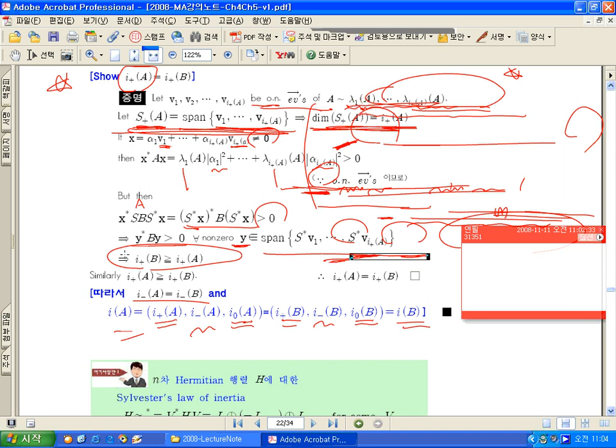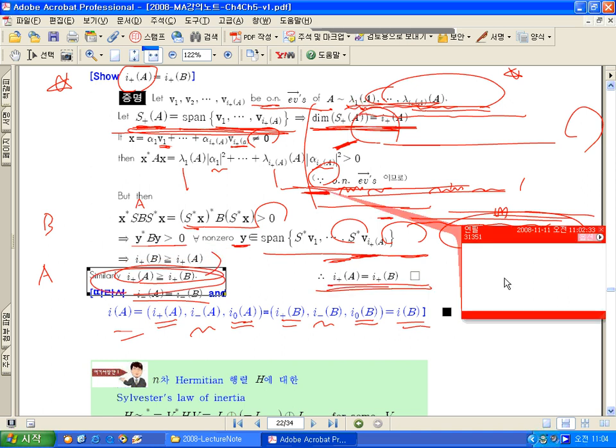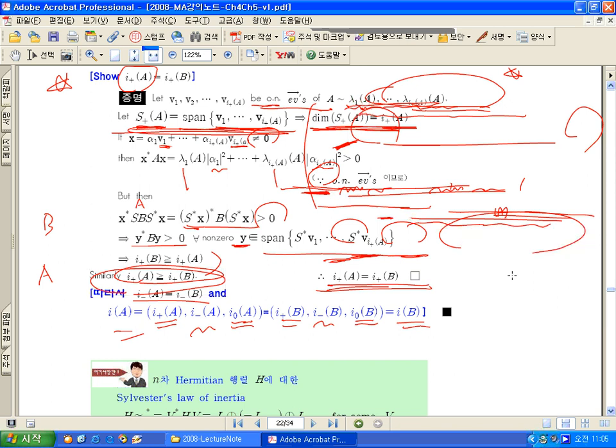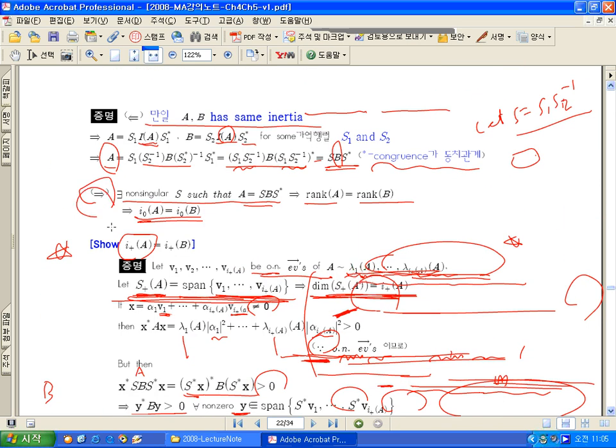Similarly, we can start with B and show the same for A to get the other direction of the inequality. Combining these two, we have equality for the index of A and B. Then we have equality for the negatives, which gives us the same inertia for the matrices A and B. So that concludes the other part.